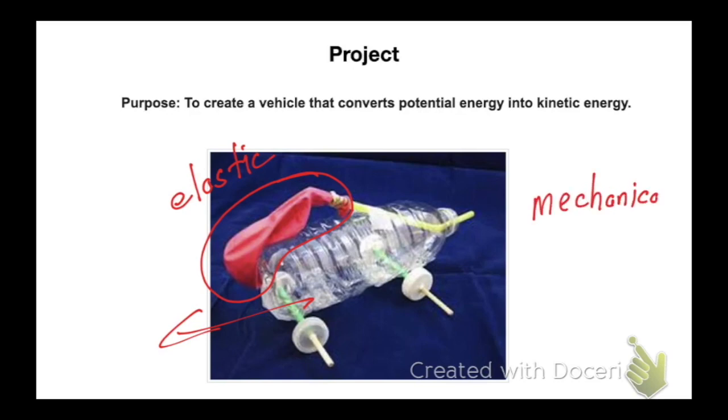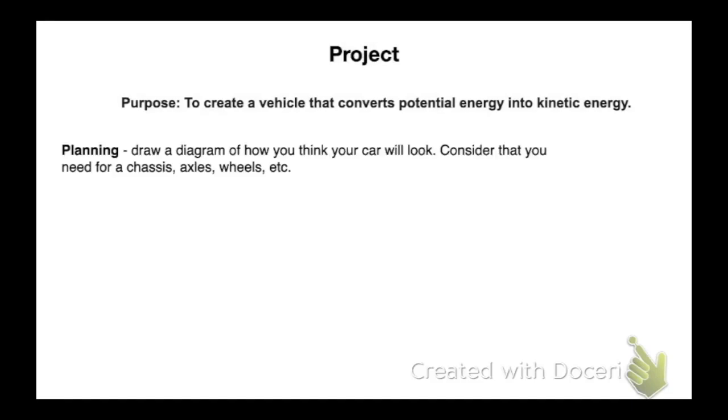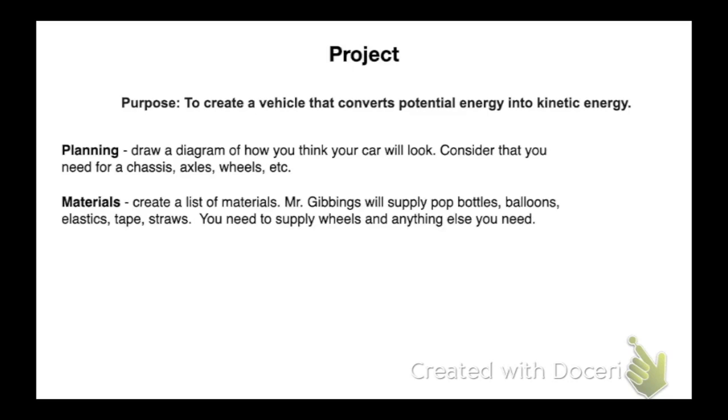Okay. All right, so you could build this if you wanted. This is optional. You don't have to do this. You might not have materials at your house, but if you do, it might be kind of fun. So you'd have to draw a diagram of how you think your car would look. Consider that you need a chassis, that means a body, axles, wheels.